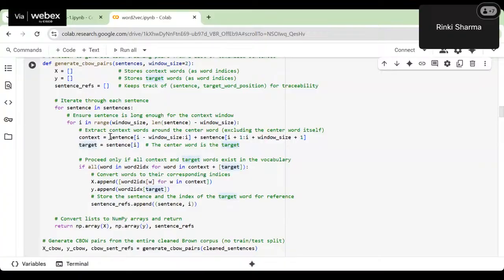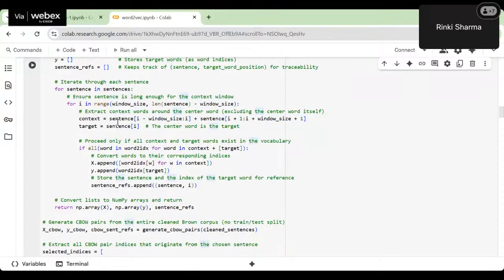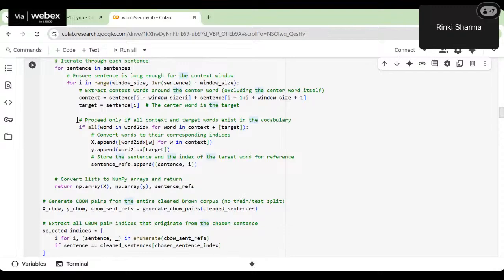This part will choose the left words of the target word, and this part will choose the right words from the target word. So here we have defined how context and target are created.